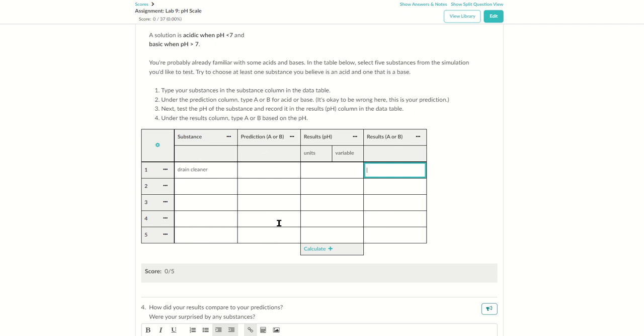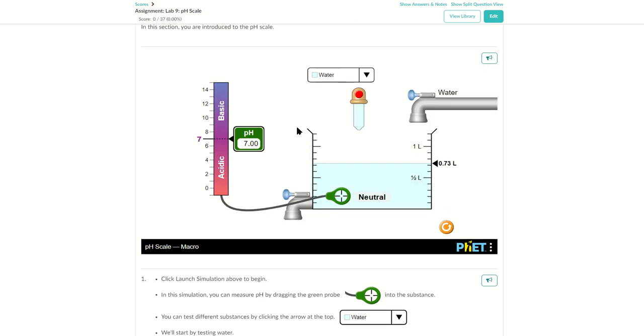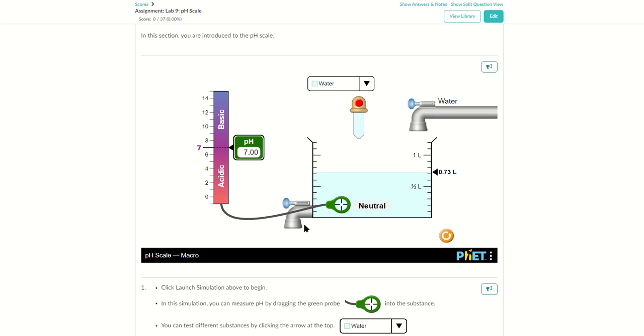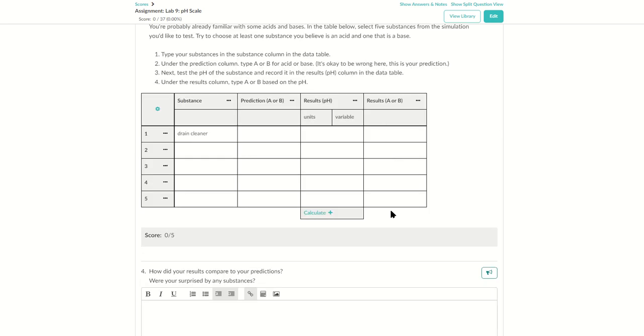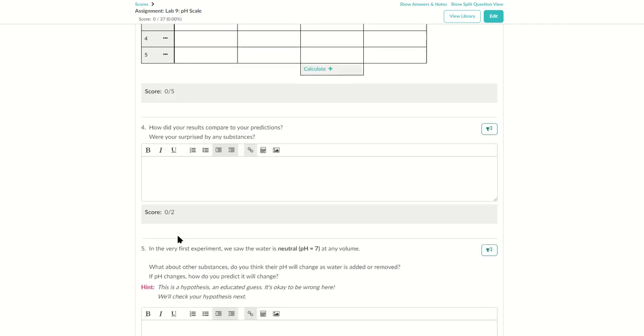This second column will have the prediction, either A or B. This third column will have numbers, the values of the pH. And then this fourth column will have the actual results, either acid or base. And then please write in a few complete sentences how your results compared to your predictions. Were you surprised by any of them?